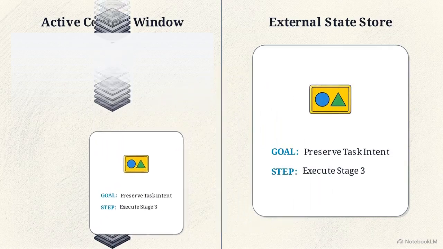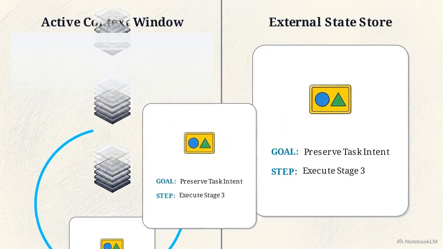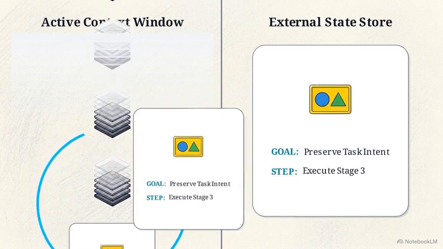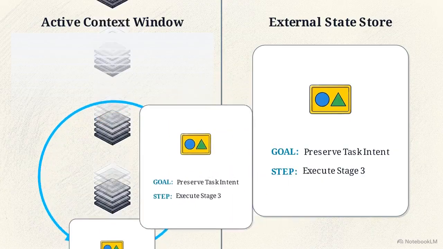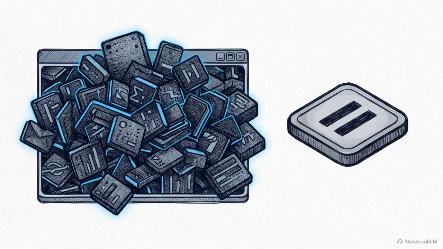By appending this anchor to the very bottom of the prompt on every single turn, you create an inescapable loop. You force the model to explicitly reread its own intent right where its attention is strongest. Extracting state management from the LLM and placing it in an external file system is the only reliable way to immunize a multi-step plan against token displacement.